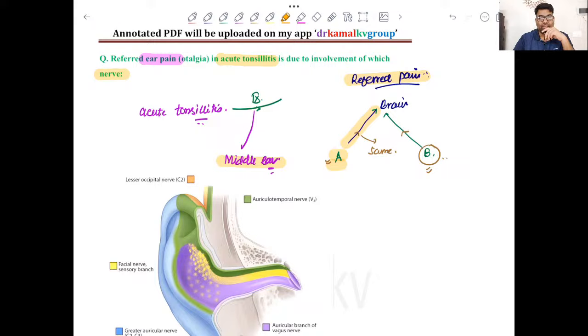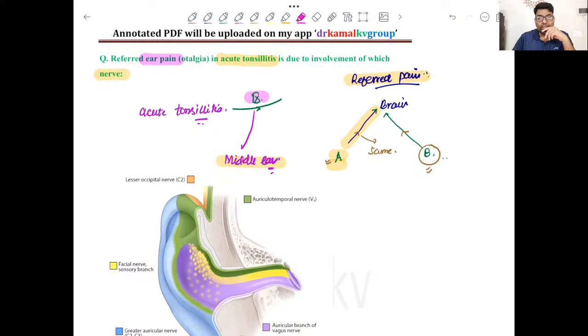There is a possibility that the pathology is somewhere else. That is a very important concept in ENT practice, because if you focus only on the ear, you will never reach the exact diagnosis. In this question, it is only about the glossopharyngeal nerve.